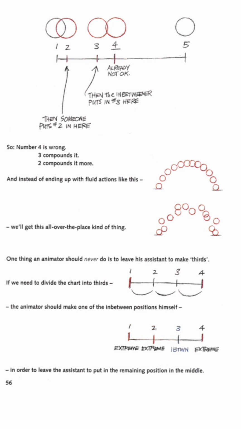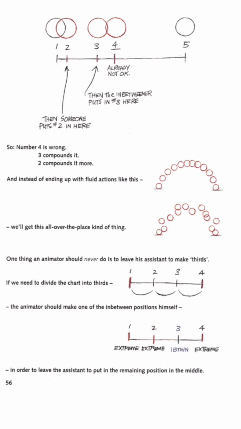As you see on page 56, number 2 in the red circle, then someone puts number 2 in here, really close to number 1, which is in black, I think.